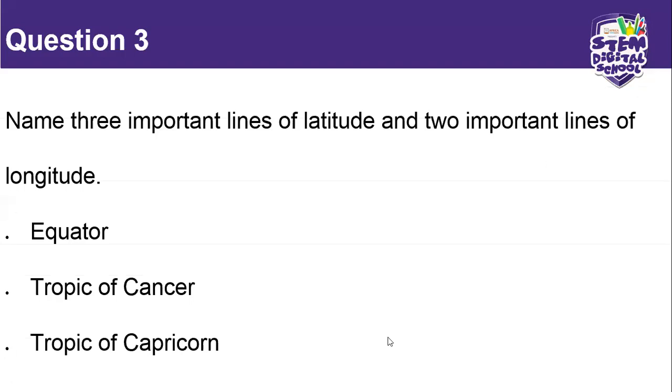Question 3. Name 3 important lines of latitude and 2 important lines of longitude. The 3 important lines of latitude are the equator, Tropic of Cancer, and Tropic of Capricorn.